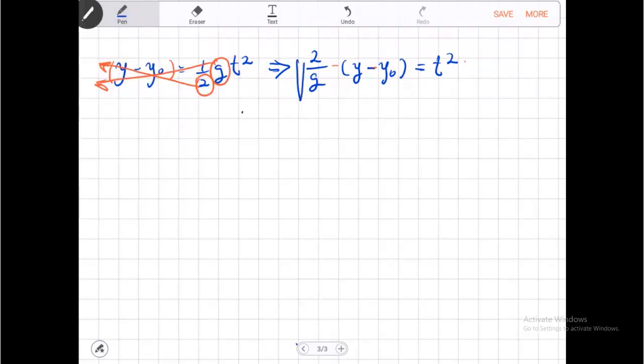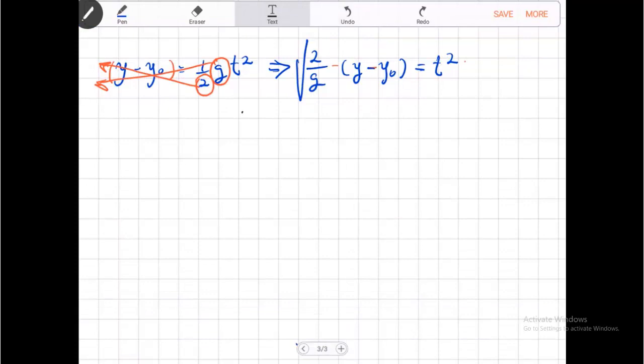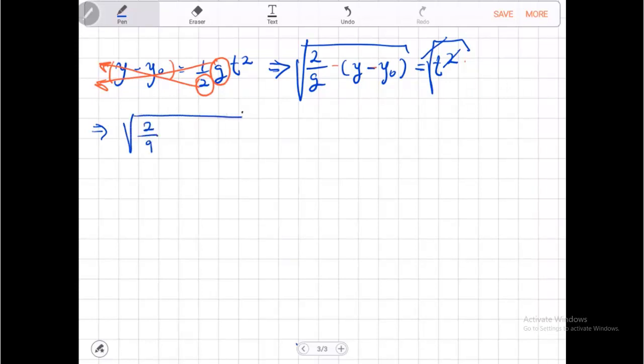We take the square root on both sides of the equation, and this square root eliminates the square, and we have the square root of 2 divided by the gravity, multiplying y minus y0, equal to the time.